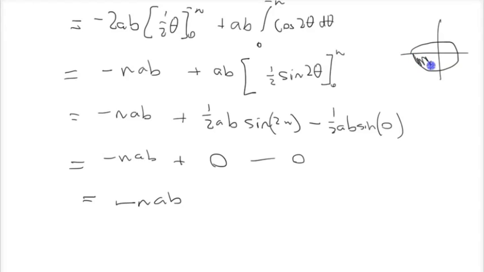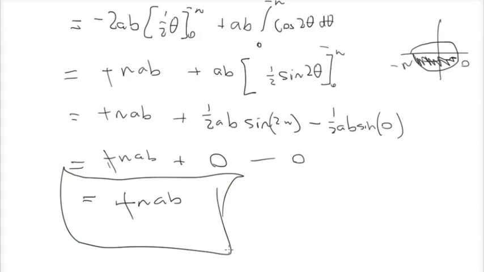So instead, we're taking the area of this between 0 and negative pi, but remember negative pi is actually pi, it just is a directional thing. So if we just replace all of these with negative pi's, that becomes a plus, that becomes a plus, that becomes a plus, that becomes a plus. Those are still all zeros, so the sign doesn't matter. And then we'll get positive pi ab, and that is the total enclosed area.